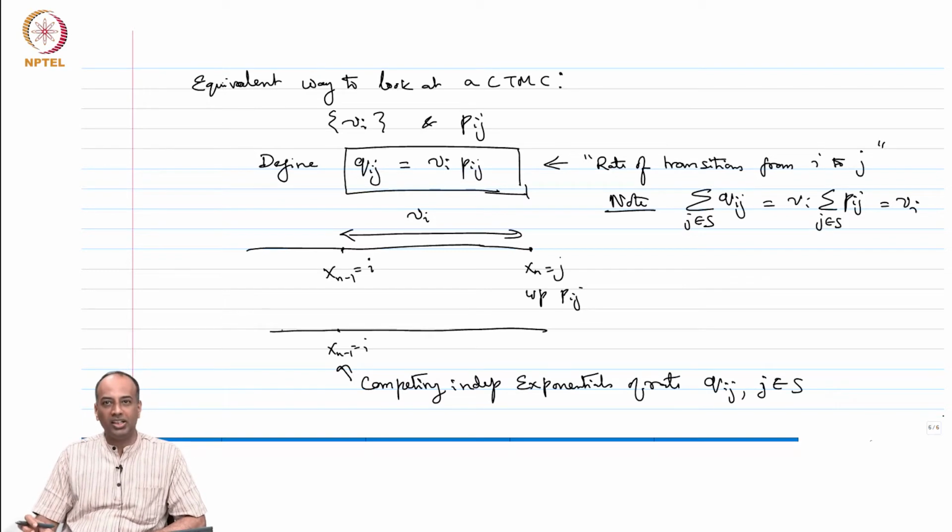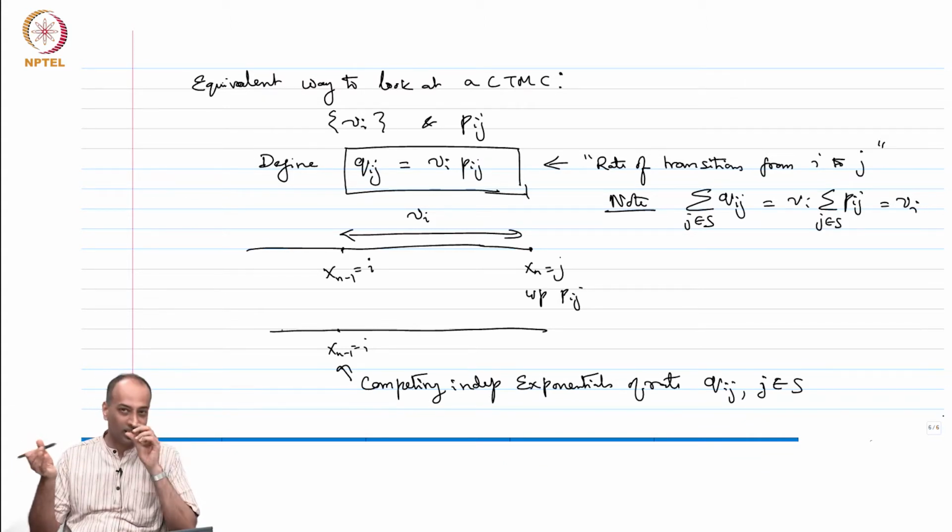Now, what is the probability that I actually transition into a particular state, let us say k? The probability that the kth exponential wins is nothing but Qik over the sum over all the Qij's, and the sum over all the Qij's is nu i, as we just saw. So, the probability that the Qik exponential wins will be Qik over nu i, which will be Pik, which is the probability of transition into state k.